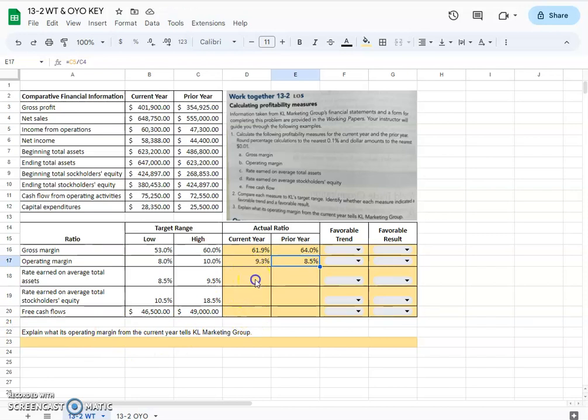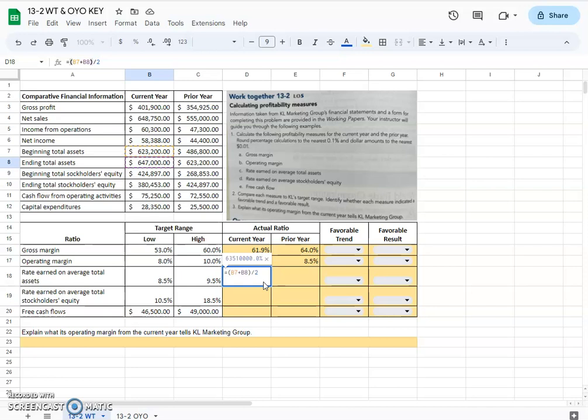Next one, rate earned on average total assets. All right, so we have beginning assets, and we will add, so plus our ending assets. Okay, we'll have to divide that by 2, which means order of operations, we had better use parentheses, and that'll give us our average total assets.